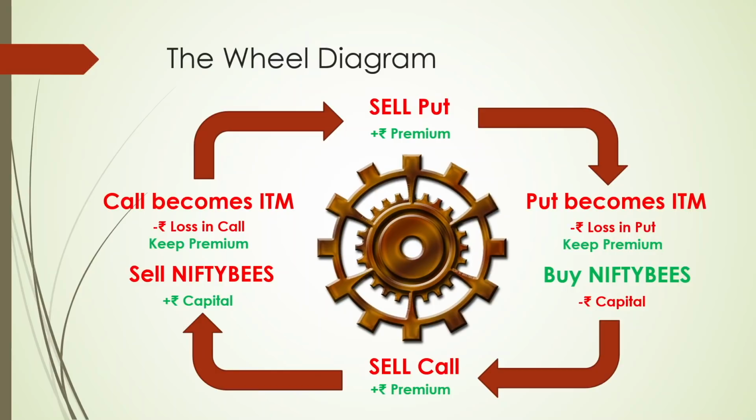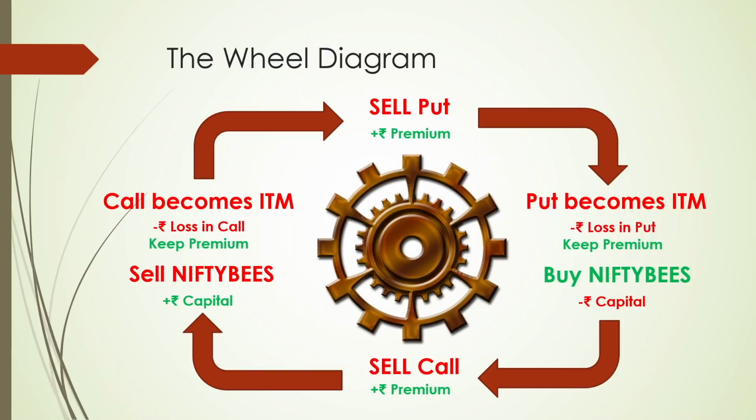That is what I want to stress, because if you sell below that and the option becomes in the money, you will be selling your Nifty Bees at a lower price than what you purchased. Always sell the Nifty Bees at a higher price, because in the Nifty Bees you will be booking only profit. In the call and put, you may book loss as well as profit, but in the Nifty Bees you will be booking profit only. The underlying, never sell it at a loss.